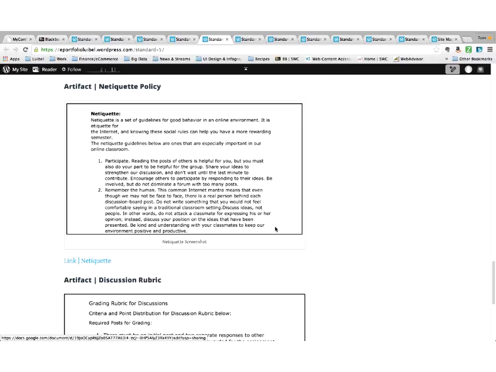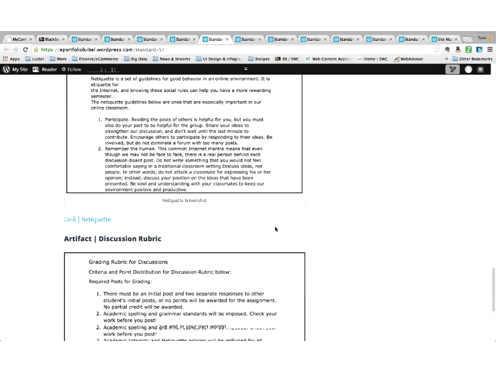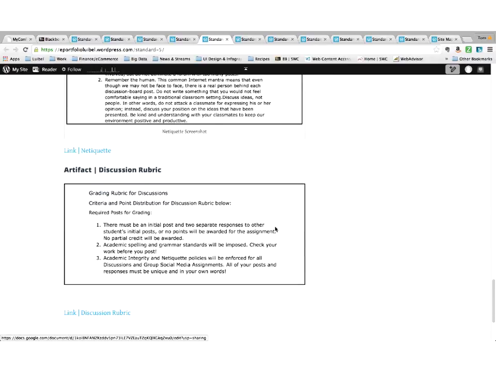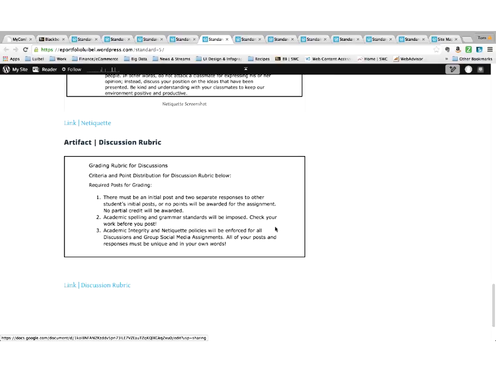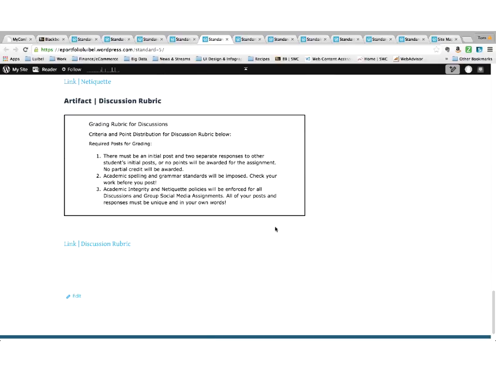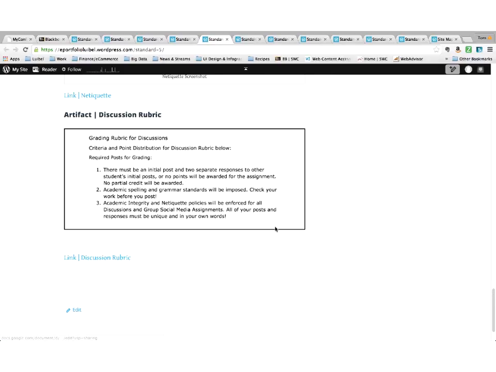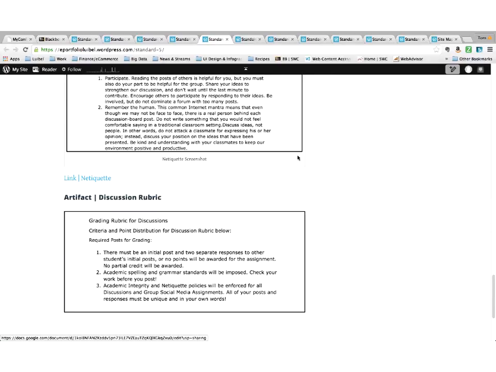Again, I re-emphasize the etiquette policy and also the discussion rubric, emphasizing what's expected and how all the posts and responses must be unique and in the student's own words. They must do their own work, so to speak.